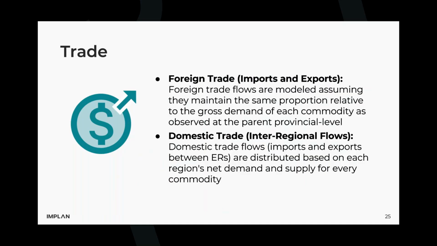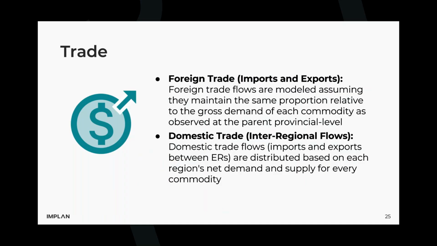The more complex element is domestic trade, or the flows of goods and services between the 76 economic regions in Canada. These internal interregional trade flows are distributed based on each region's net demand and net supply for every single commodity.